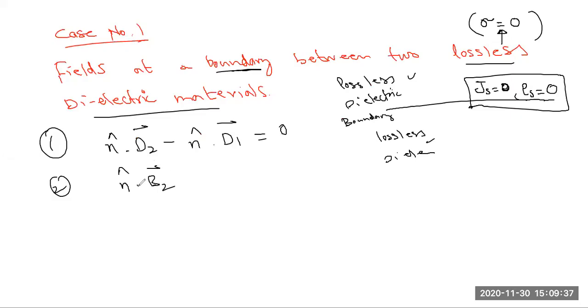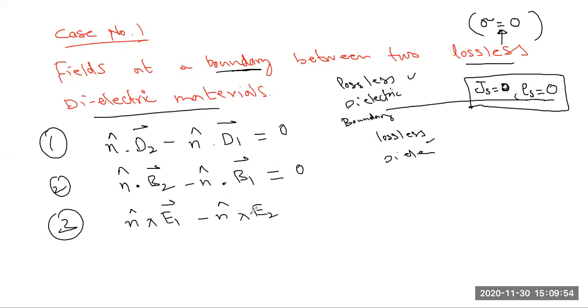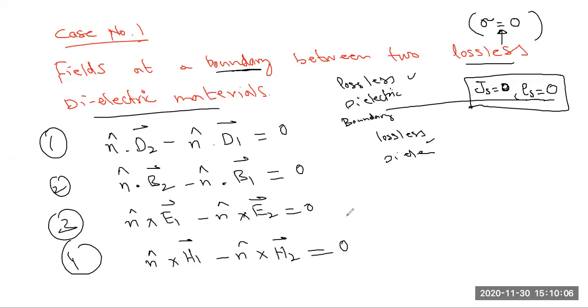Second boundary condition is same irrespective कि मीडियम किस किस्म का भी है, ये तो हमेशा 0 के बराबर होगा डॉट प्रोडक्ट। थर्ड हमारे पास है n क्रॉस e1 माइनस n क्रॉस e2 इक्वल टू 0। और फोर्थ वन n cross h1 minus n cross h2 is also equal to 0.